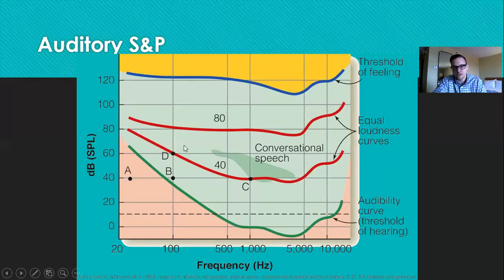All right, so these are equal loudness curves. What that means is that any point along this line is experienced as equally loud because of resonance. So a 100 hertz sound played at 60 decibels sounds equally loud to a 1,000 hertz sound played at 40 decibels.